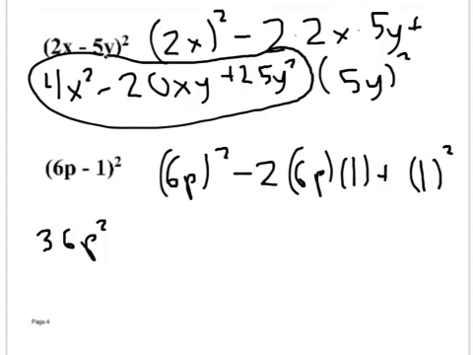That would be 2 times 6, which is 12, so 12p, and then plus 1 squared would just be 1. There's your answer.